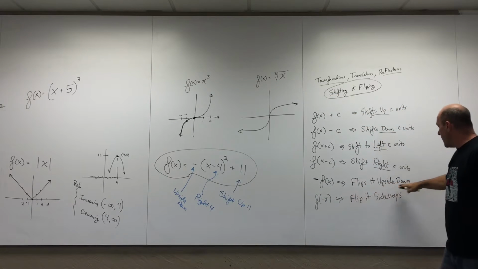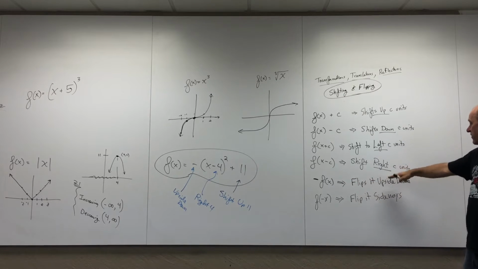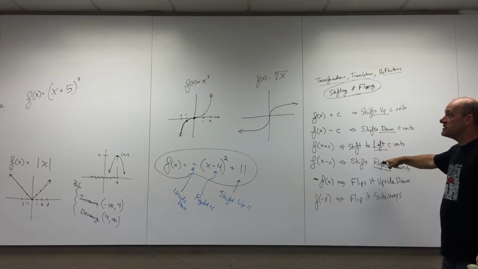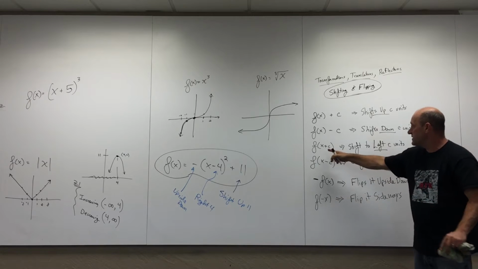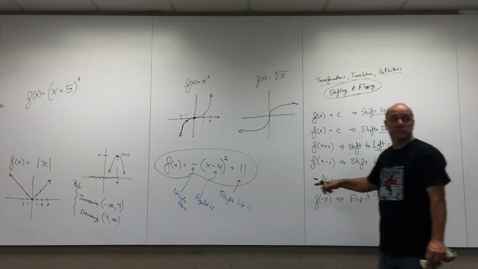Do you see a flip, a sideways flip or an up? No, I don't see any of those. The only thing I see is x plus 5 in parentheses. That means to the left. It's shifted to the left 5. That's all that's going on.